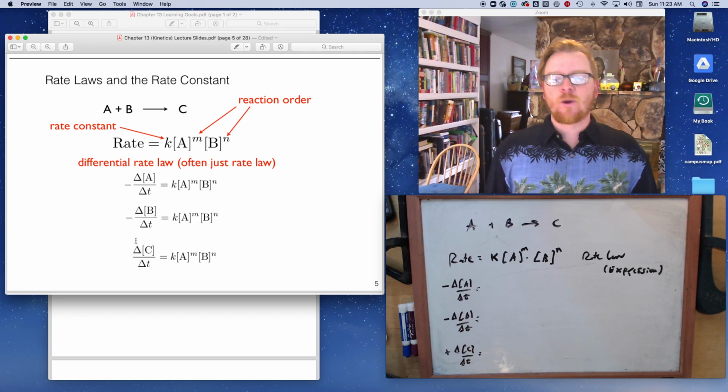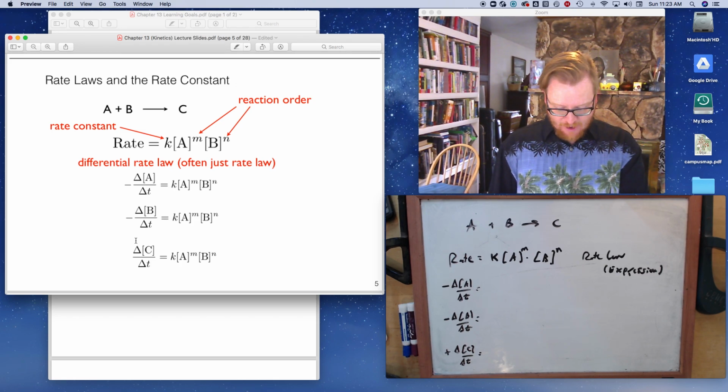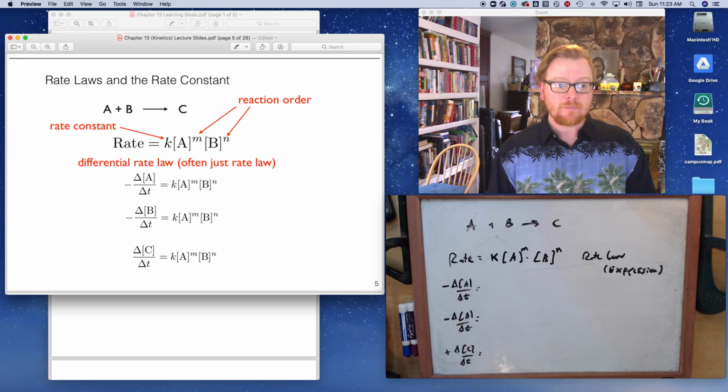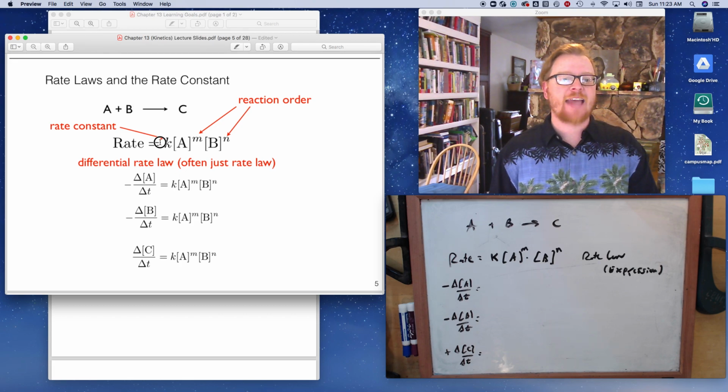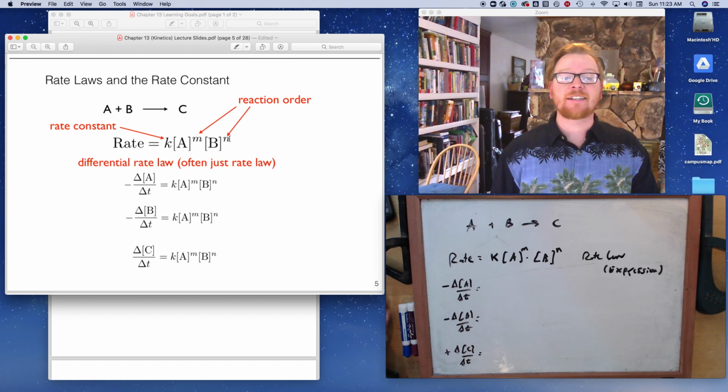But once again, we only deal with the reactants, okay? And it's k times reactant concentration raised to its reaction order times the other reactant concentration raised to its order. If there was only one reactant, we'd only have one reactant on this side.